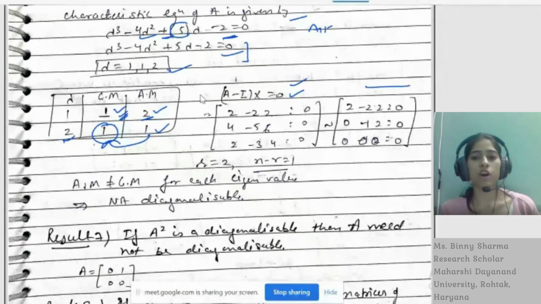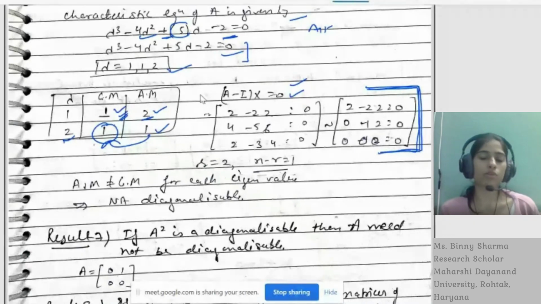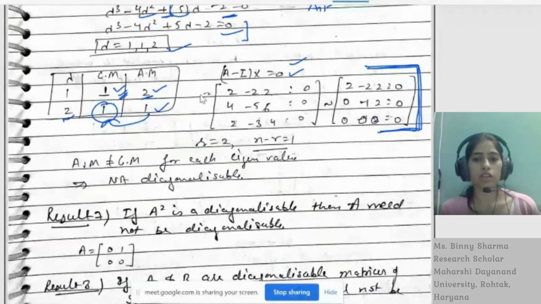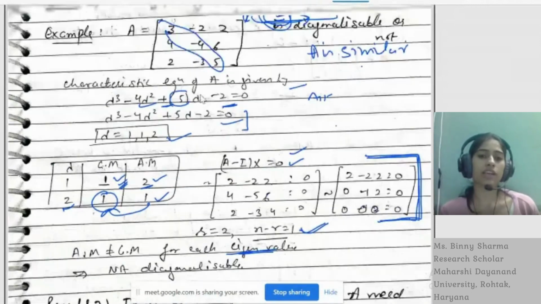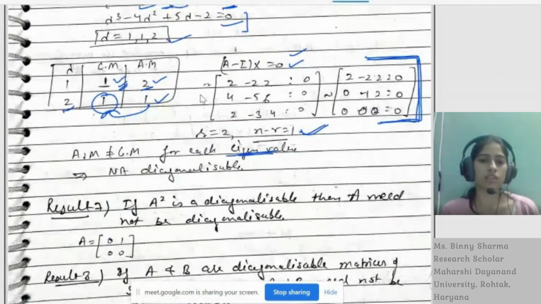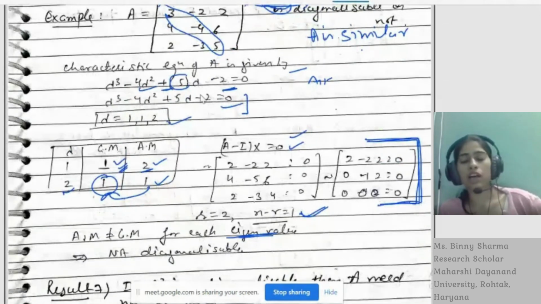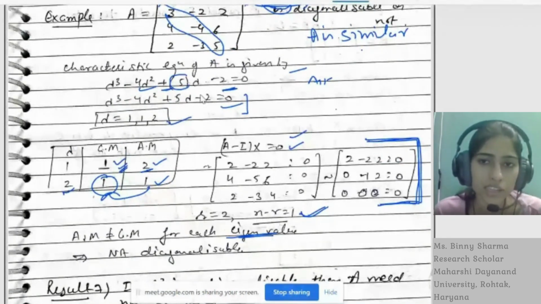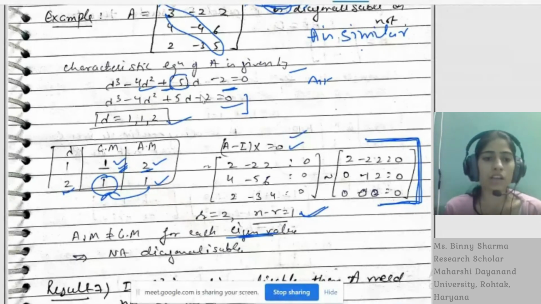After solving this homogeneous system, I think I have already told you many times how to solve this system, we get rank 2 and nullity 1. So GM is 1. So in this case, AM is not equal to GM for each eigenvalue, so this matrix A is not diagonalizable. So if we want to find whether a matrix is diagonalizable or not, we just have to check whether AM equals GM for each eigenvalue or not.